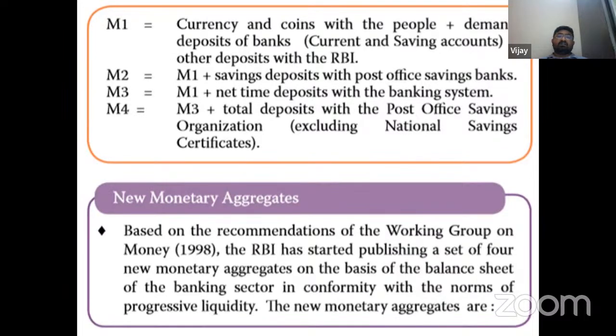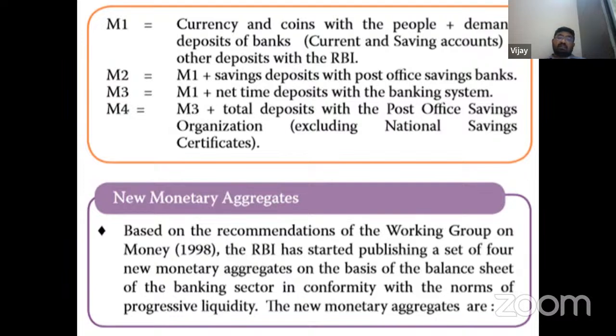So M1. There are two sets of monetary aggregates: the old monetary aggregates, which we call M, and the new monetary aggregates, NM. Here, M1 is currency and coins with the people, demand deposits, which are repayable immediately, plus other deposits with RBI.